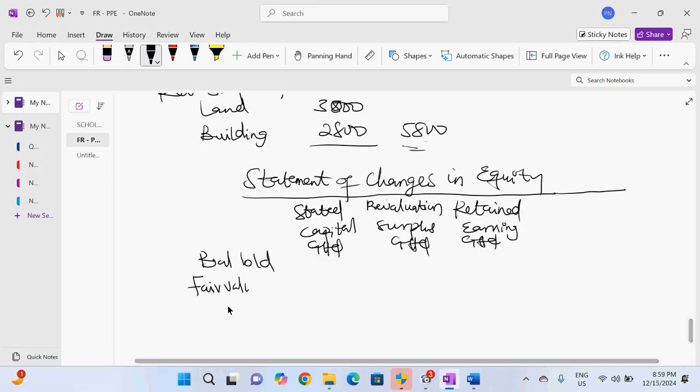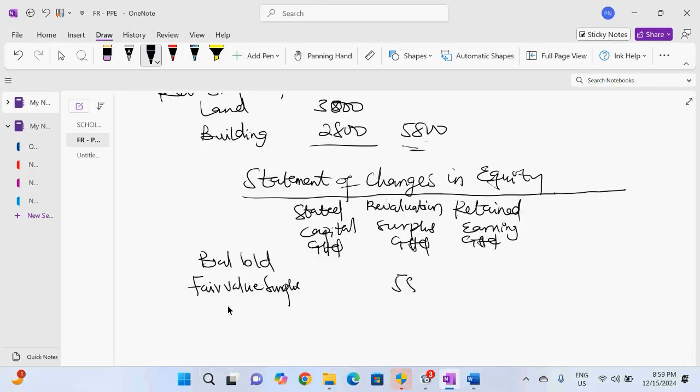Revaluation to fair value surplus. Is that 5,800? Yes, 5,800, and that is the summation of the two. Then what else?